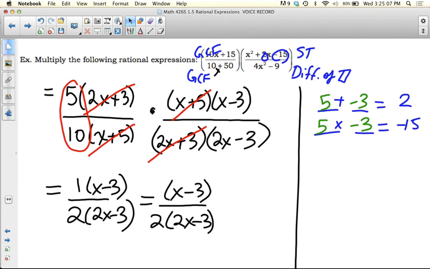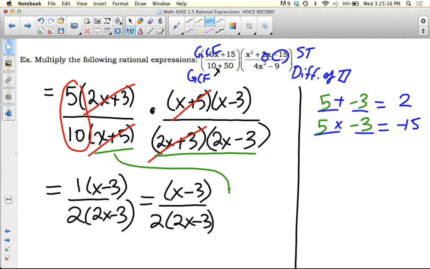Okay, now we need our restrictions. Again, we have to look at our denominators. And so here's a good place to look at our restrictions. From this one here, I can see that x cannot equal negative 5. And with these two, these ones are a little bit trickier. If you can't tell what those are straight off the bat, we can do a little bit of algebra.